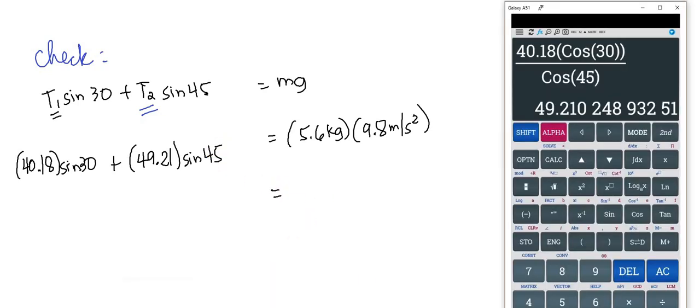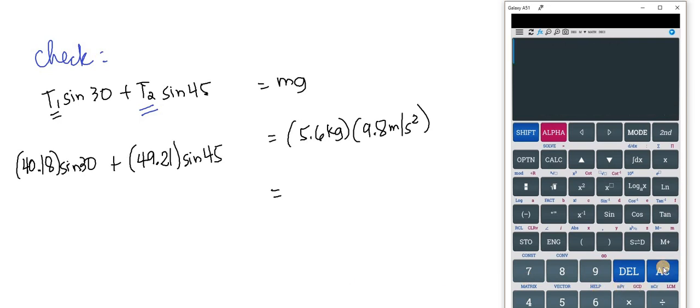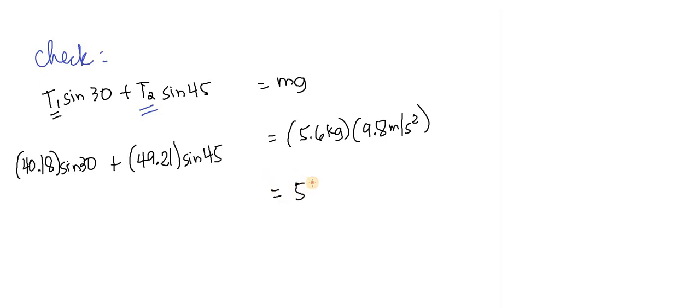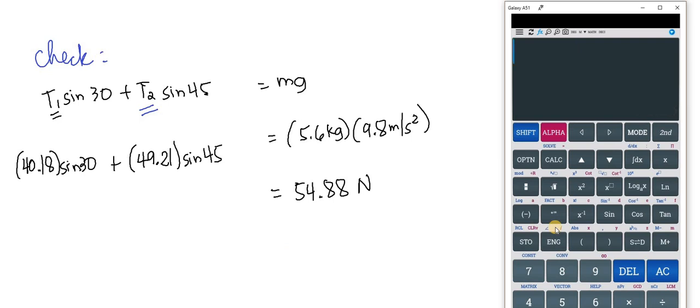Let's use our calculator again. First the weight: 5.6 times 9.8, and that is 54.88 Newtons. Next, the other side of the equation: 40.18 multiplied by sine of 30 plus 49.21 multiplied by sine of 45.